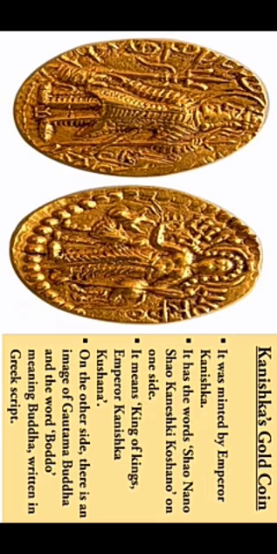Emperor Kanishka started the minting of coins made of gold as well as of copper. The gold and copper coins minted by him have been found in some areas of North India. Emperor Kanishka was referred to as the King of Kings or one of the greatest emperors.